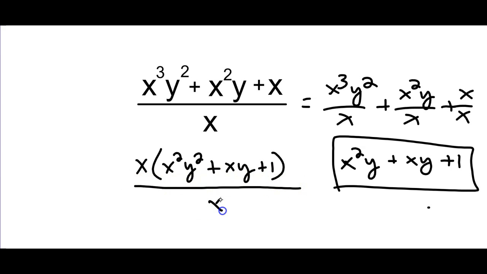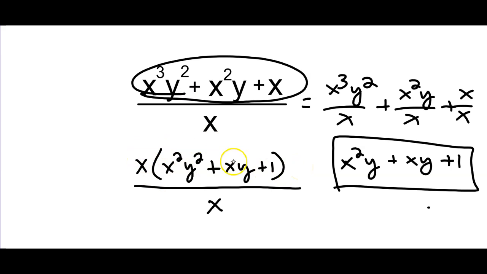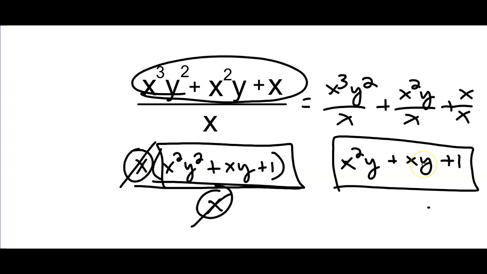You can say that my numerator right here is the same thing as this numerator. Notice if you drew your swoopties and distributed the x, you would get this circled up here. And now from this step we can say these two x's can be divided because there's not an addition sign between them, there's a multiplication sign. And so dividing those out, this becomes your answer, which is what you see right here.